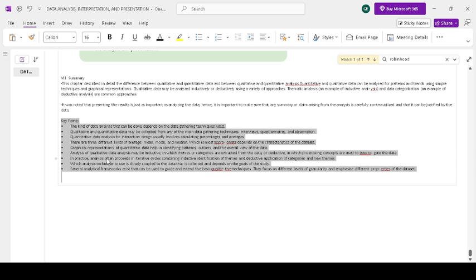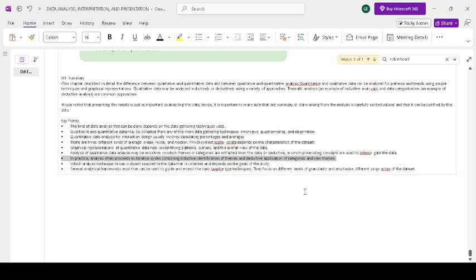In practice, analysis often proceeds in iterative cycles combining inductive identification of themes and deductive application of categories of new themes. So yeah, it's an iterative process. Which analysis techniques to use is closely coupled to the data that is collected and depends on the goals of the study. Again, it depends on the data and the profile and the main theme.